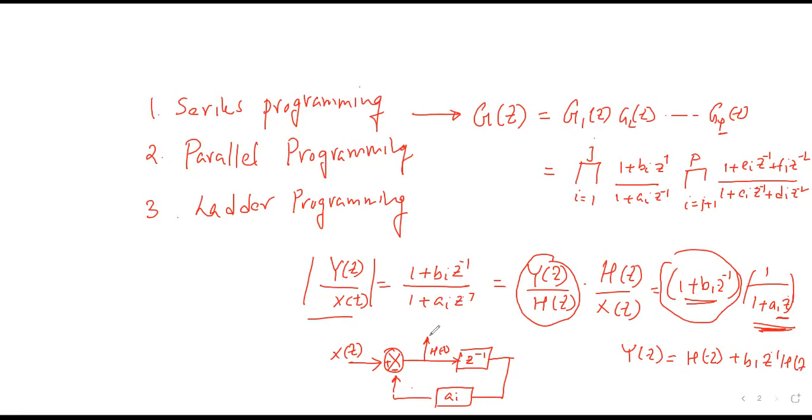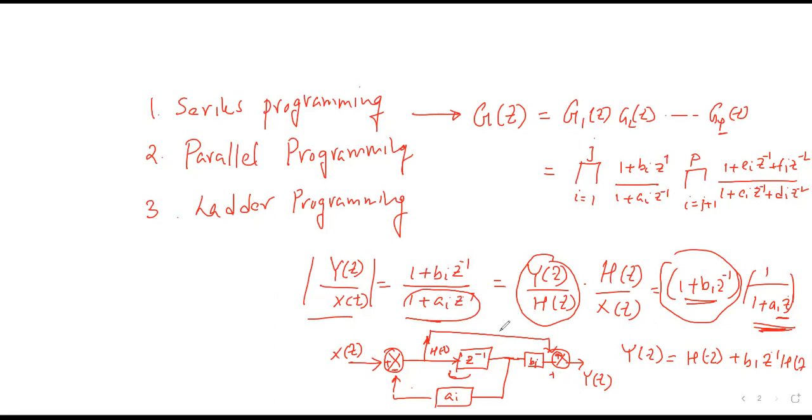So H(z) is already there, so you can just take that one as it is, H(z), and the delayed one of the H(z) will be multiplied with your b_i. So these two will be grouped together as a summing junction with plus both of them. Then you're going to get your Y(z). So bottom line is the denominator is just the feedback one, and the numerator is just going forward, feed forward.